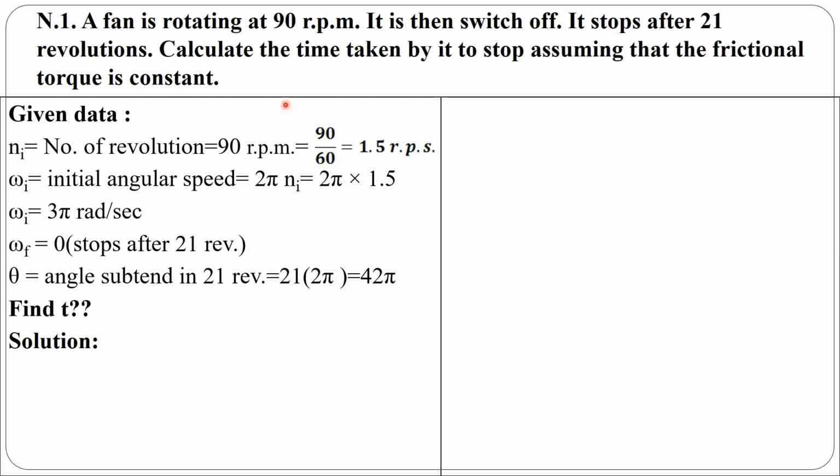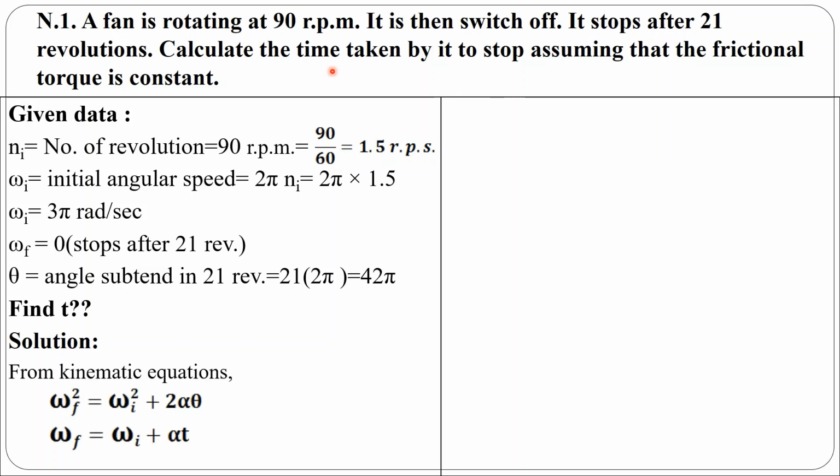Which formula do we use? We use the two kinematical equations. First, final angular velocity squared is equal to initial angular velocity squared plus 2 alpha into theta. Second, final angular velocity is equal to initial angular velocity plus angular acceleration into time.